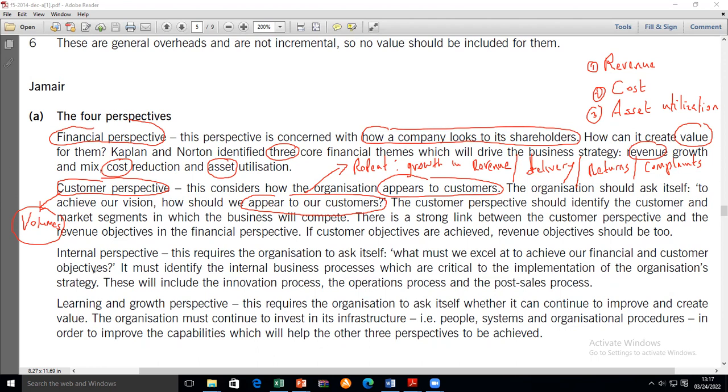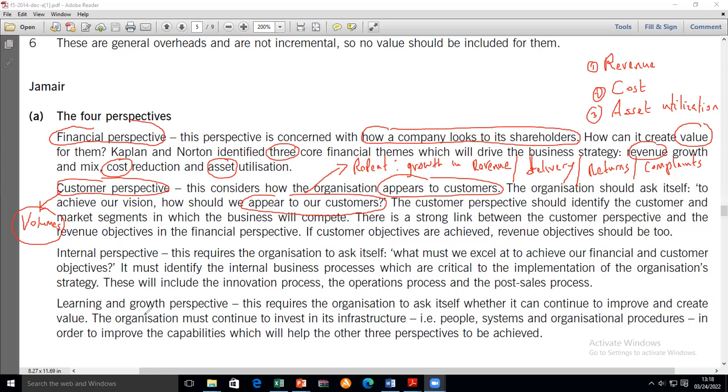Internal perspective. You know, for our customers to be happy, there's something which is important.